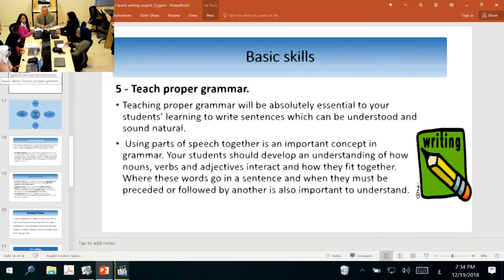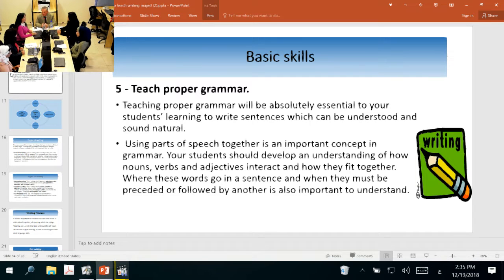Using parts of speech together is an important concept in grammar. Your students should develop an understanding of how nouns, verbs, and adjectives interact and how they fit together. Where these words go in a sentence and when they must be preceded or followed by another is also important to understand.